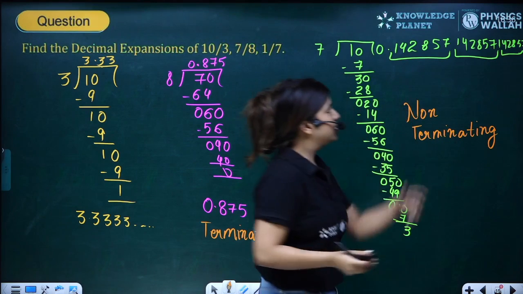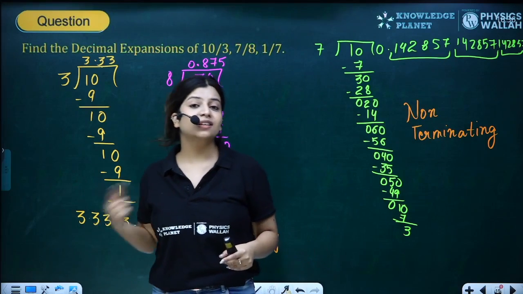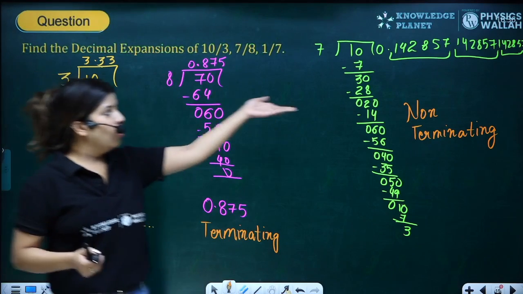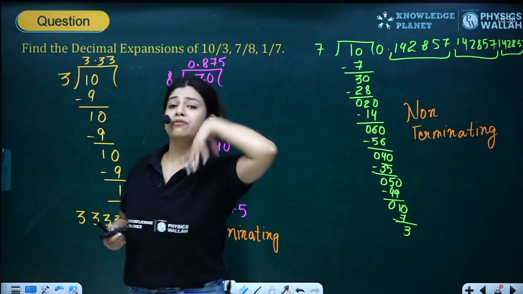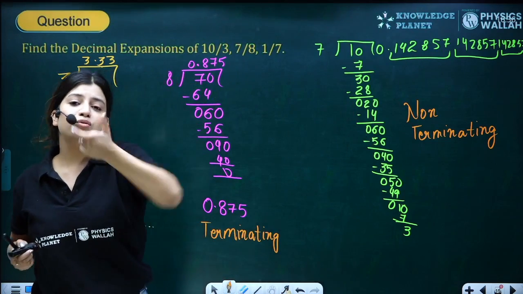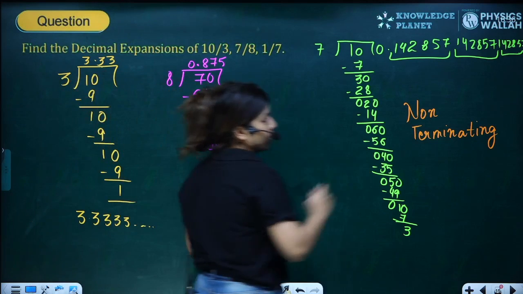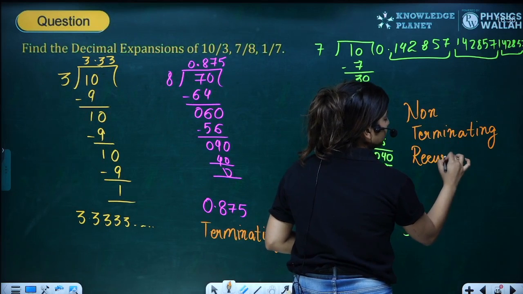They are non-terminating, and they are repeating one single number or a lot of numbers after the decimal. Over here only 3 is being repeated. Over here 142857 is repeating itself again and again. So these types of decimal expansion are known as non-terminating recurring. What is the meaning of recurring?